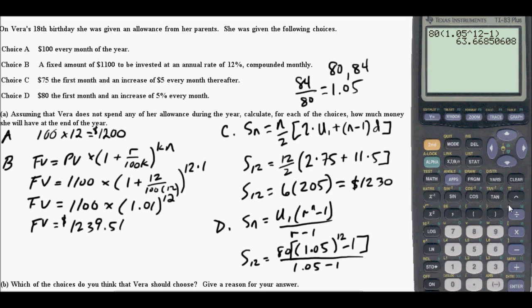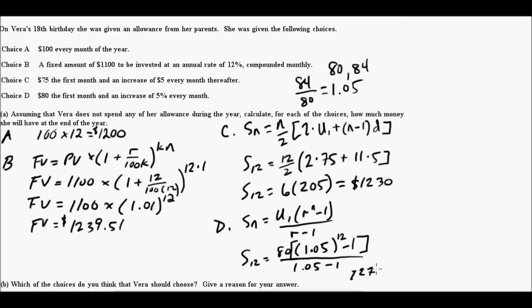And then 1.05 minus 1 is just 0.05, so we're going to divide it by 0.05. And so it's going to be 1273.37.